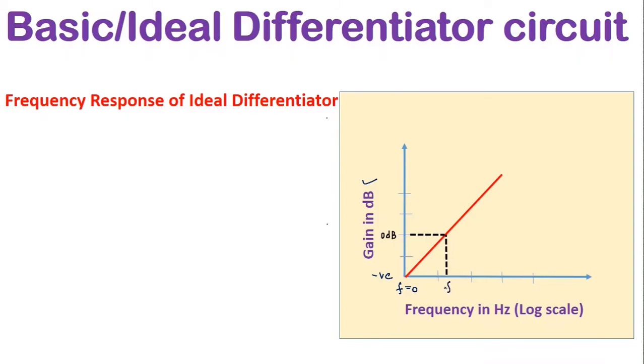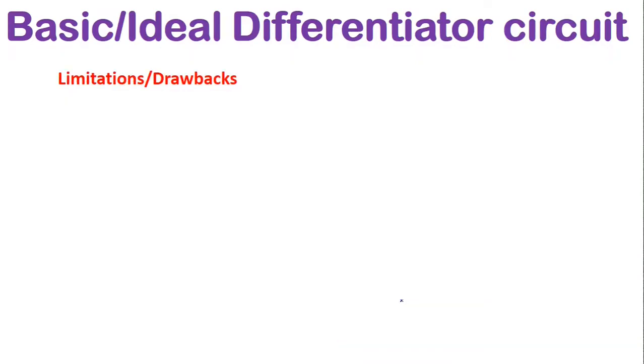And at frequency f equal to Fa, that means when frequency is equal to unity gain frequency Fa, the gain of the differentiator in decibels becomes 0 dB, and the slope of this line will be plus 20 dB per decade. Next one is limitations or drawbacks of basic or ideal differentiator circuit.